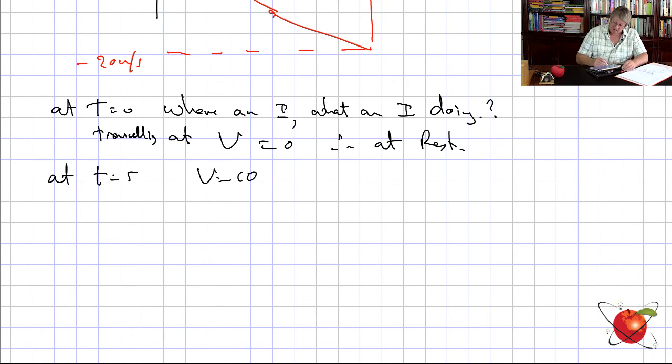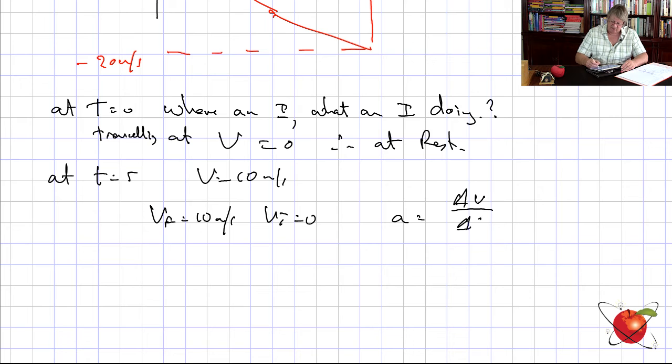My v final equaled 10, v initial was 0. I was at rest, I'm now doing 10 meters per second. I must have accelerated, because acceleration is delta v over delta t, which is 10 minus 0 over 5, which is 2 meters per second squared.